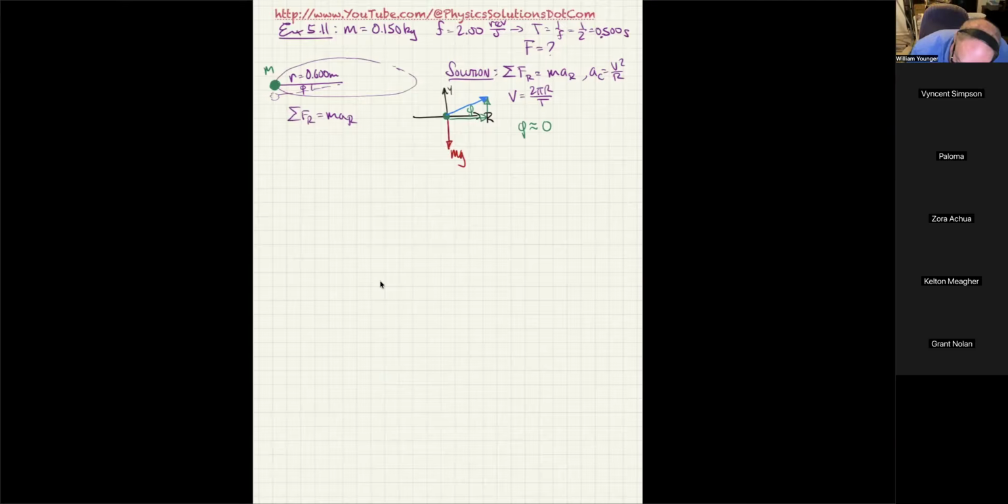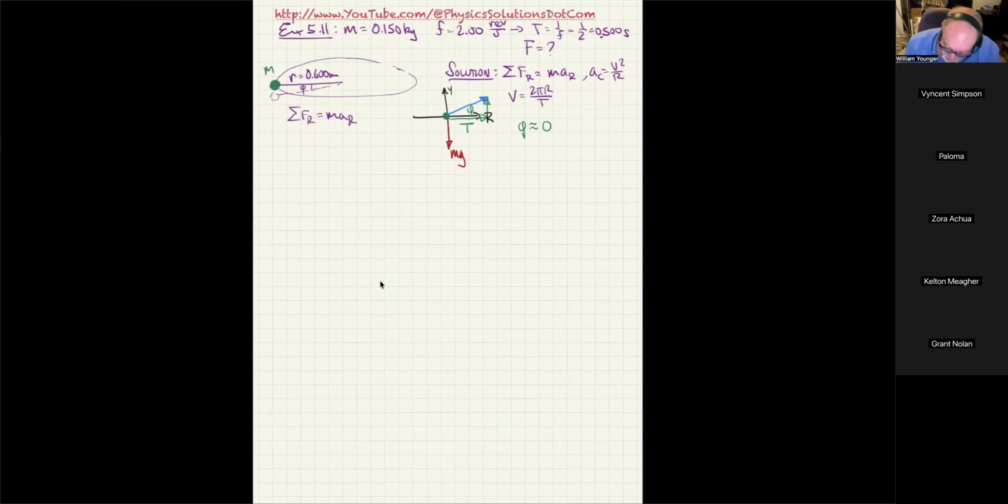So for our free body diagram, we're going to say the only force acting is the tension in the rope, T, and I'm going to ignore that itty bitty component in the vertical direction. By saying phi is close to zero, that means the sine of phi is really close to zero as well, and therefore that vertical component, which could be gotten by taking the sine of phi and multiplying it by the hypotenuse, would be close to zero as well.